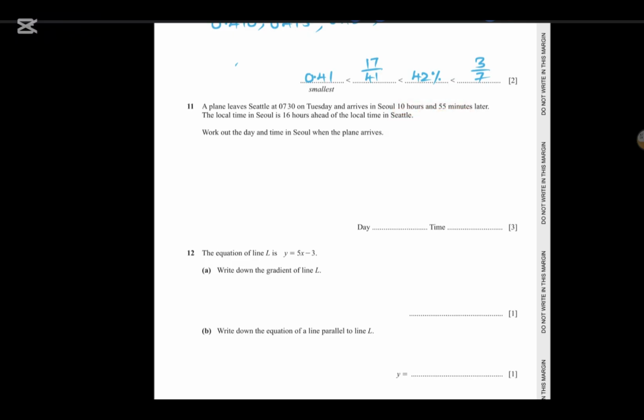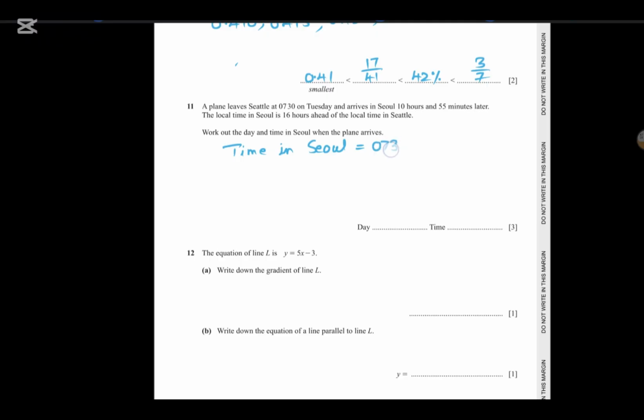So the local time of Seoul is different. It is 16 hours ahead of the Seattle's time. So now we'll first find out the time in Seoul when the plane took off from Seattle. Time in Seoul, 16 hours ahead, right?